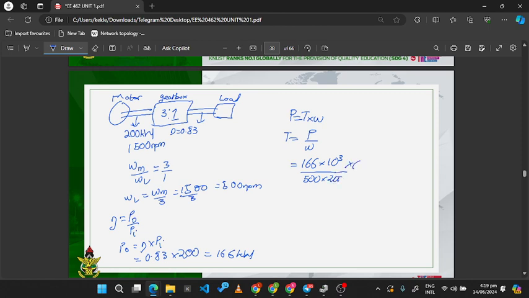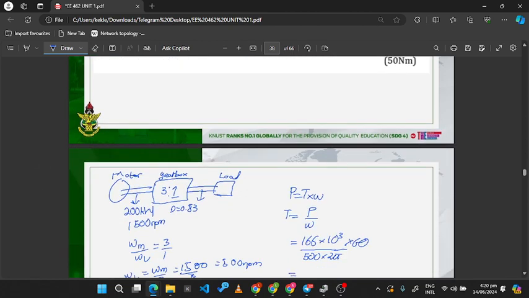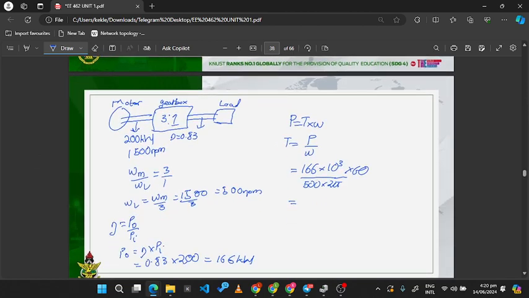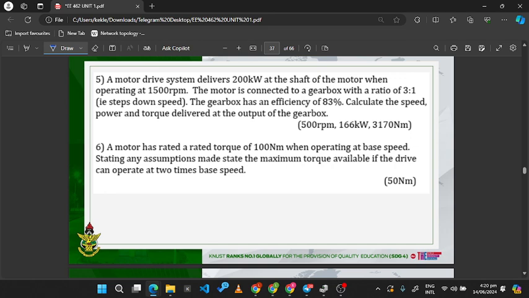So this way, the 60 comes to the top. And that gives us 3170.37 Newton meters.